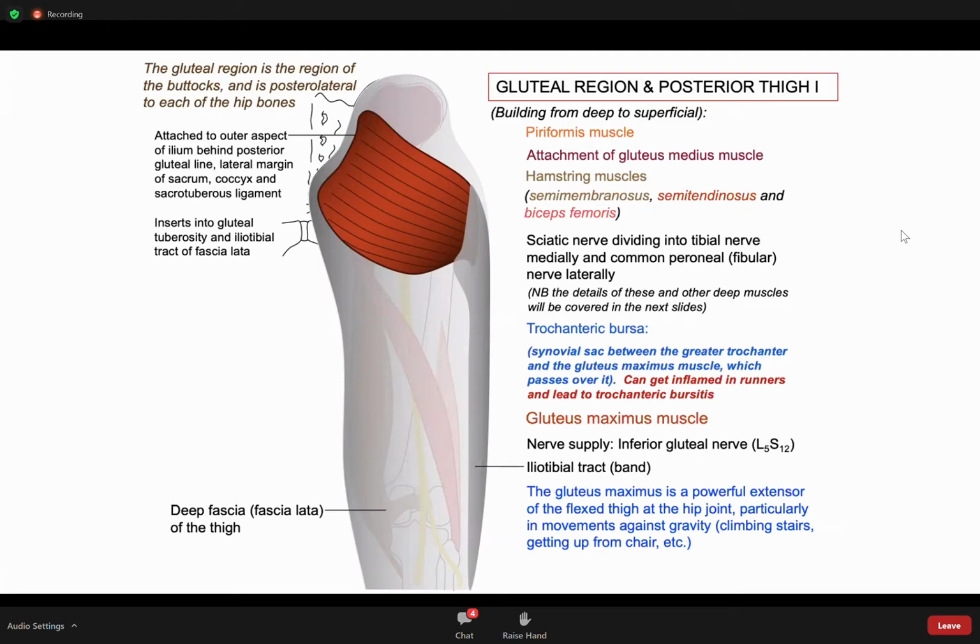You'll feel a different texture. And while you're rising, you'll feel it contract. It becomes more contracted, more rigid. So it is a powerful extensor when my thigh is flexed.